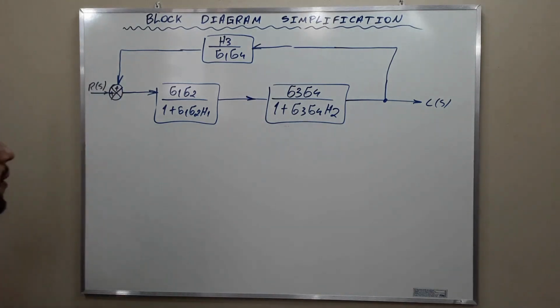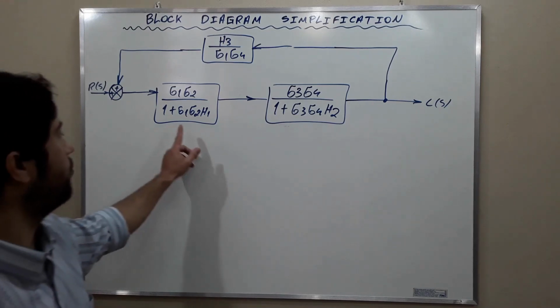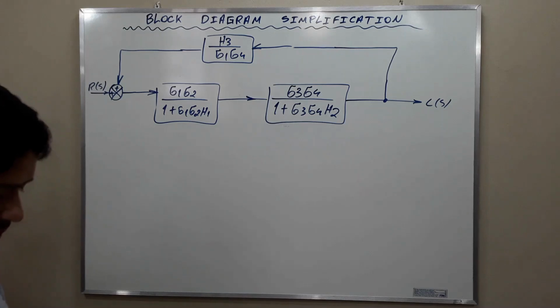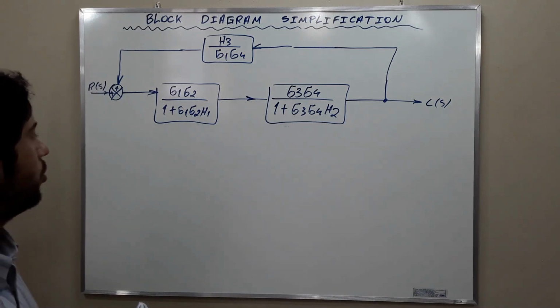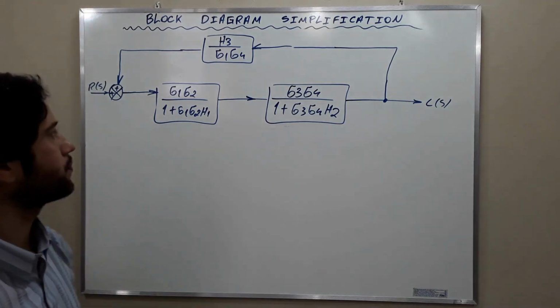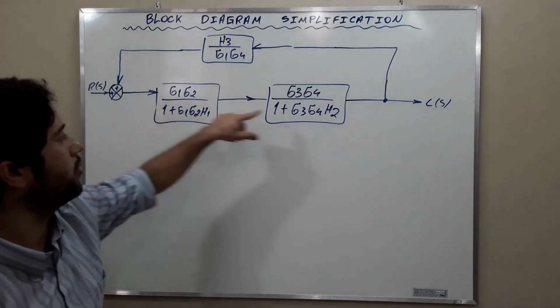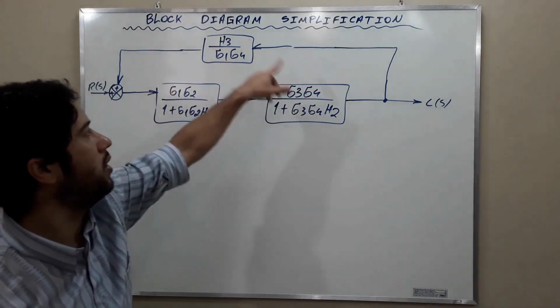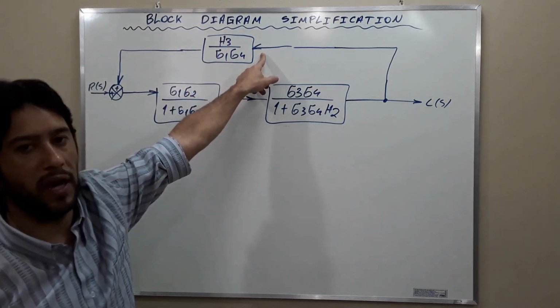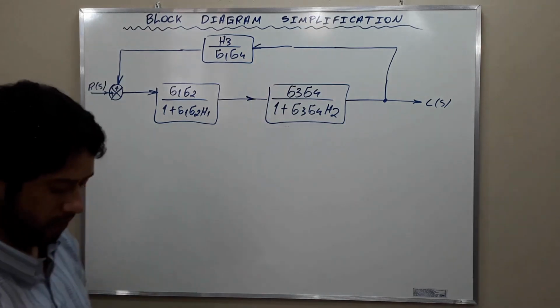Looks simpler now. We are going to apply the same technique that I described to you here. We are going to multiply this and this, and we obtain the multiplication between this and this. And this multiplication is going to be in a feedback loop with this feedback element here on top.